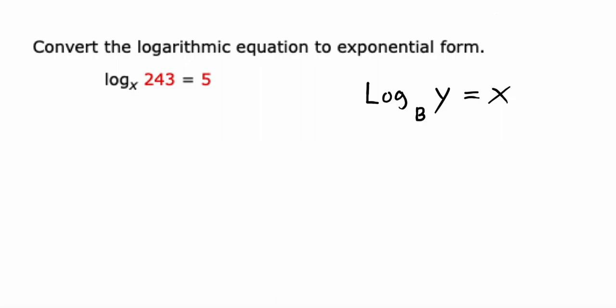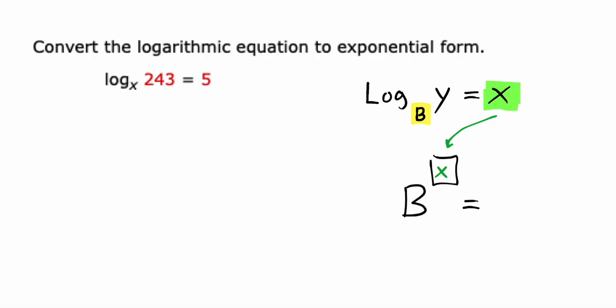We can rewrite a log equation by taking the base, here the b, and making it into a base on its own side of the equation where we raise it to a power. But the power that you raise it to has to be what's on the other side of the equation.